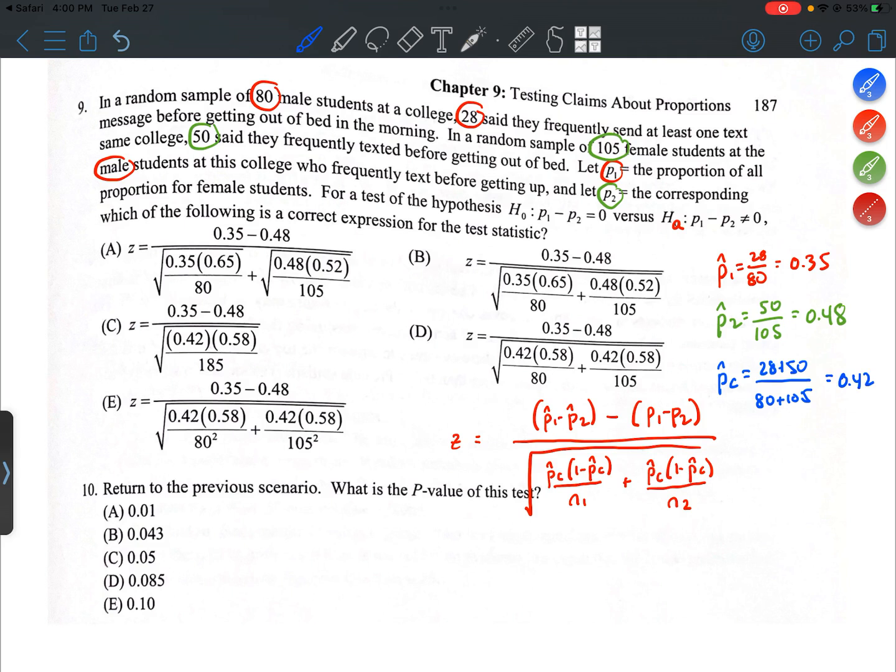I know that the combined proportion is going to be used in the denominator, so I'm going to look for answer choices that have 0.42 in the denominator.